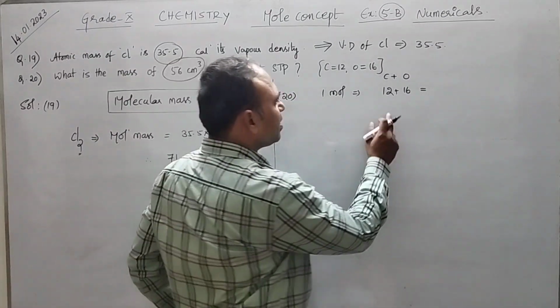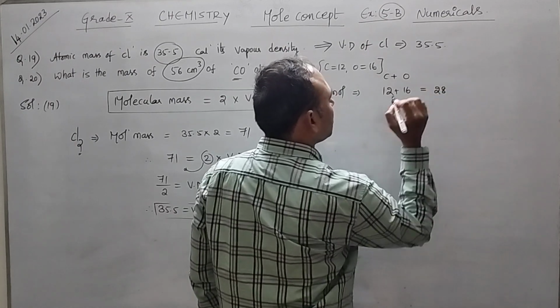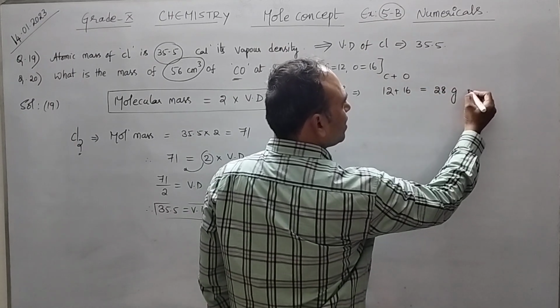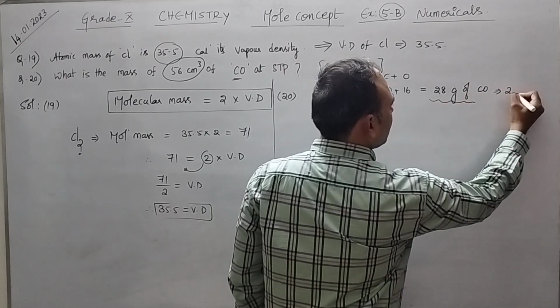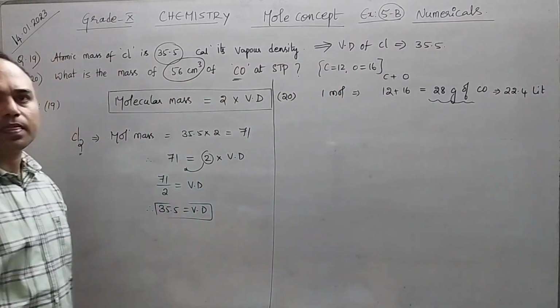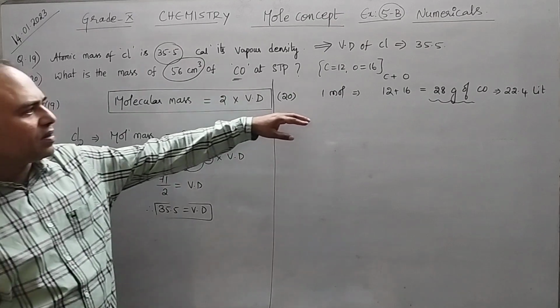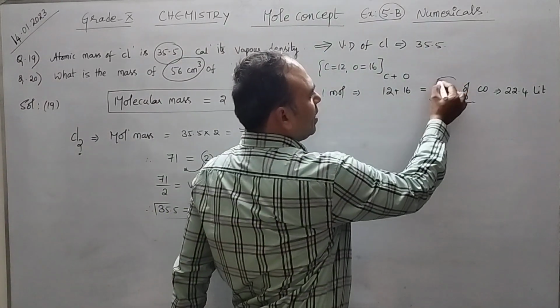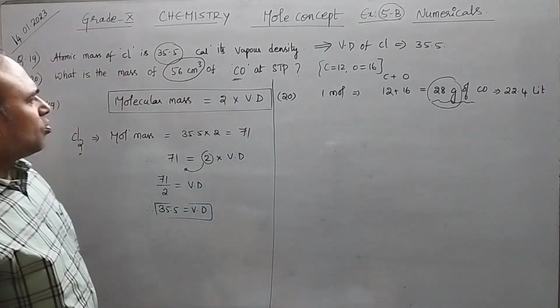So this is nothing but, here it is 28. So we can write like this. 28 grams of carbon monoxide occupies 22.4 liters here. So I think you have understood this. If you calculate the molecular mass, it will be like this, 28 grams. So 28 grams will occupy 22.4 liters.